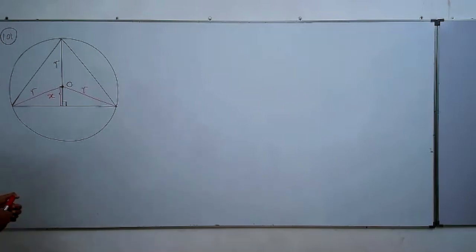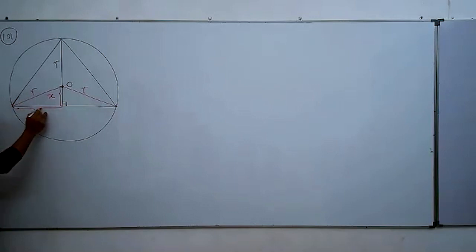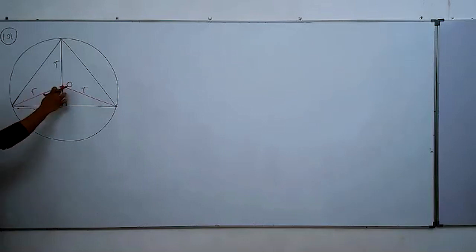Now people, the radius of the cone is this. That one you can very easily find. How, people? Using the Pythagorean theorem to this triangle.